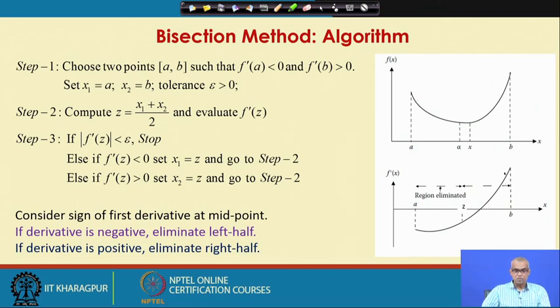then what happens is we will eliminate one part, and if the first derivative at z is greater than 0, we will eliminate the other part. So, looking at the sign of the first derivative at z, we will eliminate one part or the other.